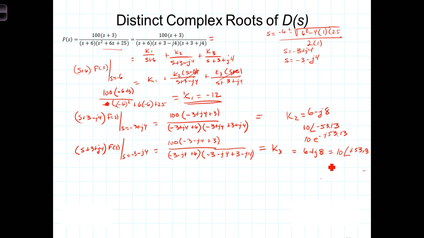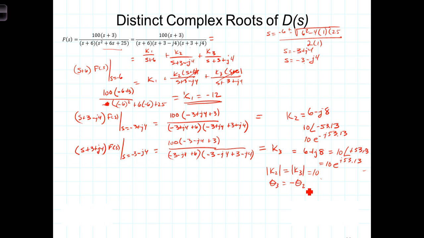And in exponential form, that's equal to 10 e to the plus j 53.13. So as conjugates then, the magnitude of k2 equals the magnitude of k3 equals 10, and the phase of k3 is equal to the opposite of the phase of k2. The phase of k2 is a negative 53.13, and the phase of k3 is a positive 53.13.